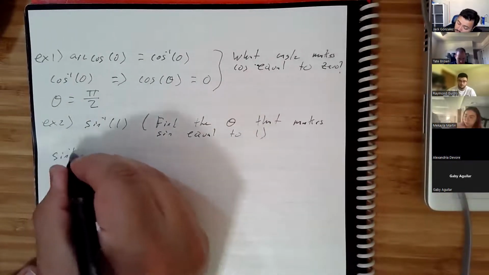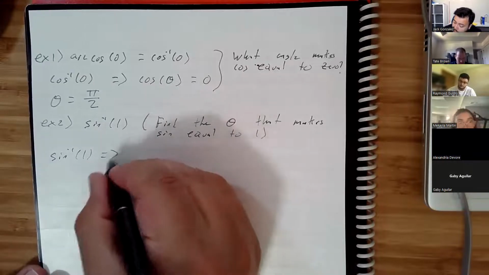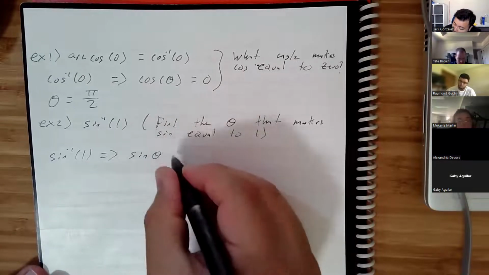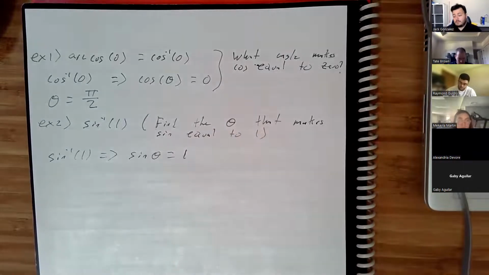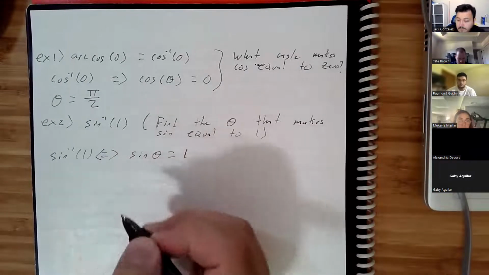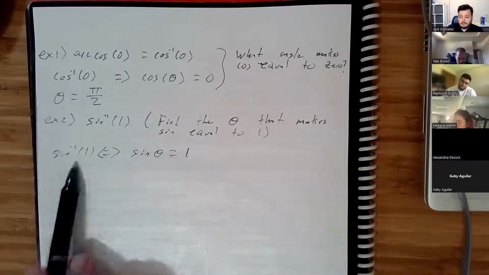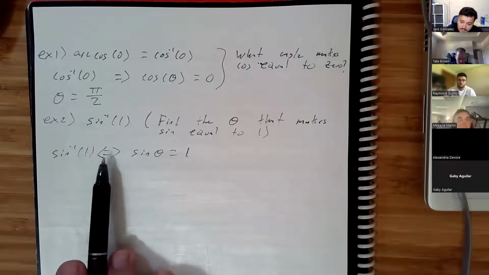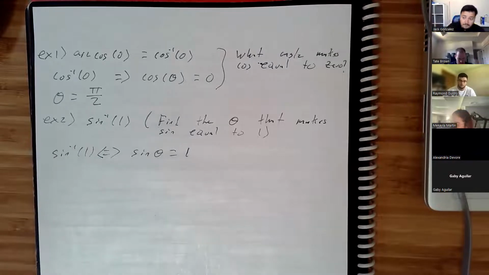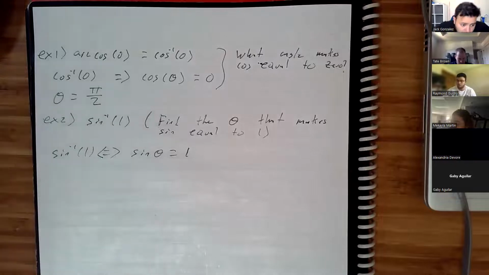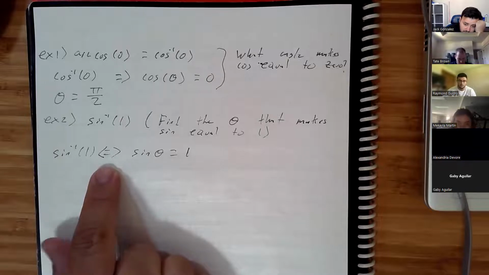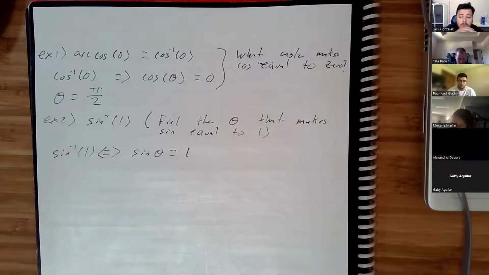So sine inverse of 1 means, by definition, that there exists some angle that makes this equal to 1. So you can change it via definition back and forth. Okay. That's supposed to be a double implication arrow, but I can't draw. It's the if and only if logical symbol, basically, if you've taken or studied logic.